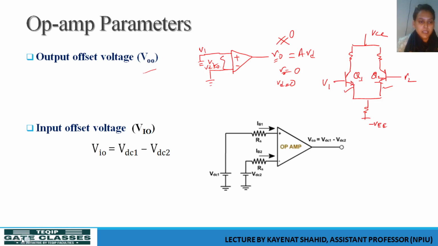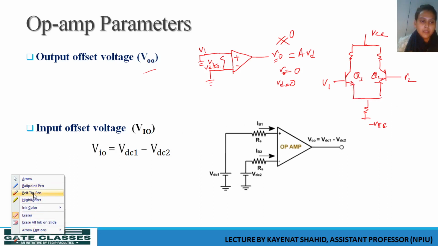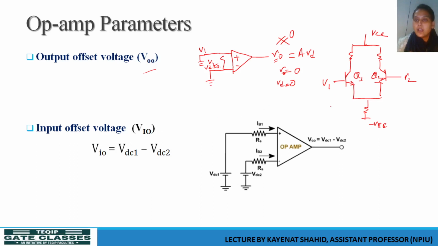Okay, there will be differences in certain values. What will be those differences? That can be a difference in the base emitter voltage, that is this voltage and this voltage, VBE2.